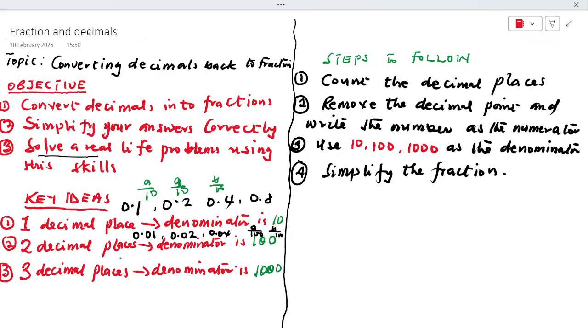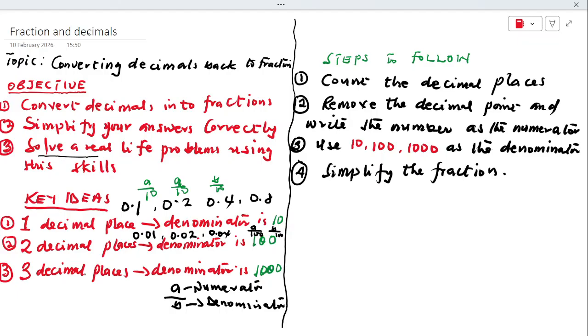All right. Then if you have 3 decimal places, the denominator is going to be what? 1000. Remember that a fraction in the form A over B, A is the numerator and B is the denominator.